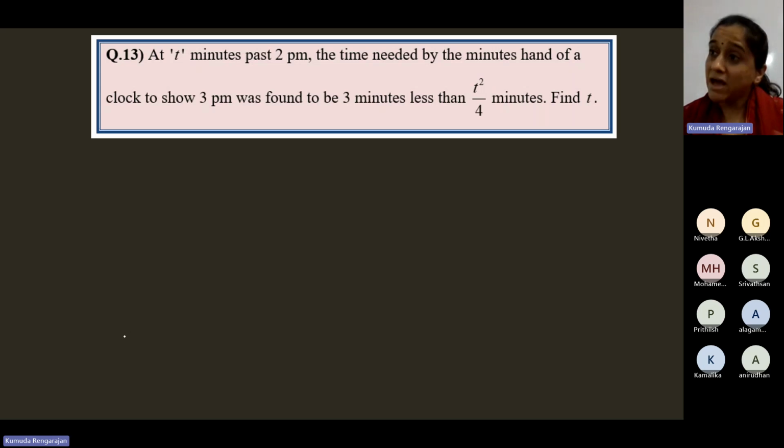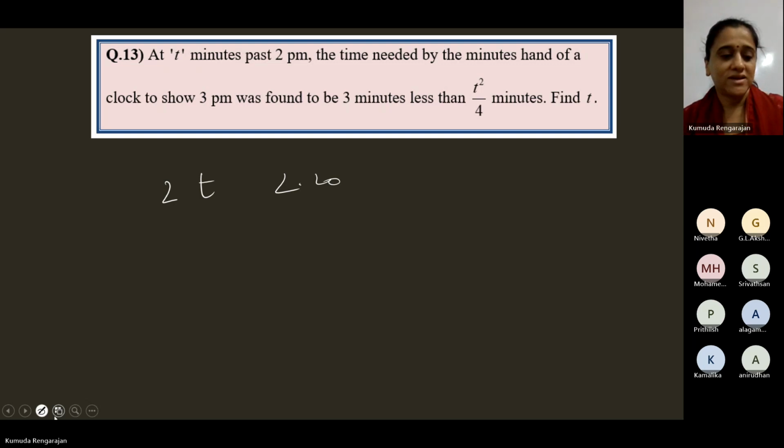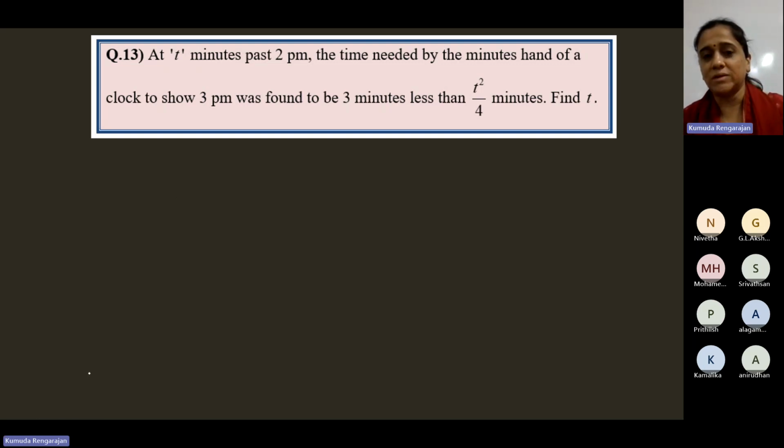At 10 minutes past 2 p.m., it's 2:20, it's 2 p.m., 2 hours and T minutes. At T minutes past 2 p.m., the time needed by the minutes hand of a clock to show 3 p.m., the next hour, was found to be 3 minutes less than T square by 4 minutes.